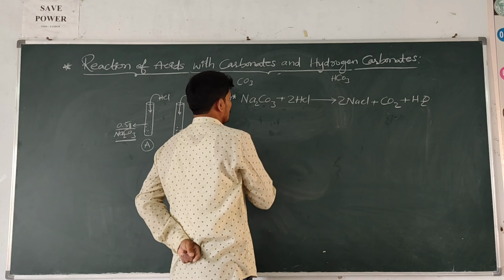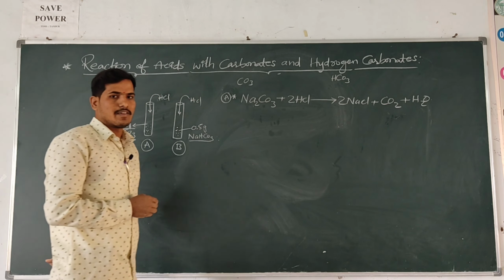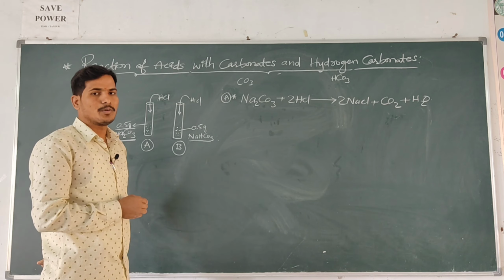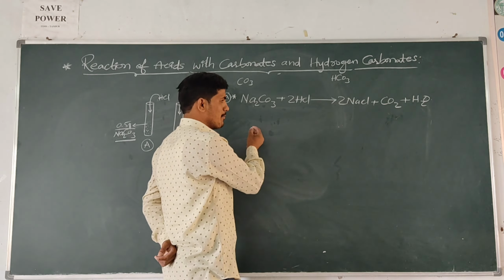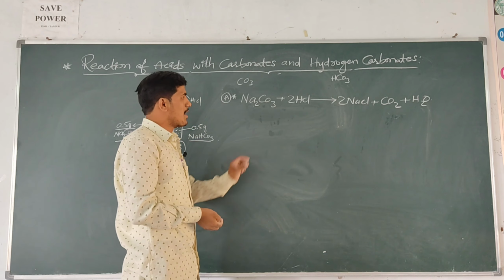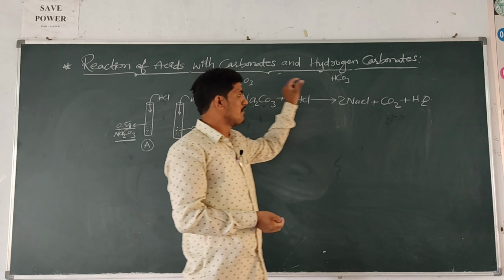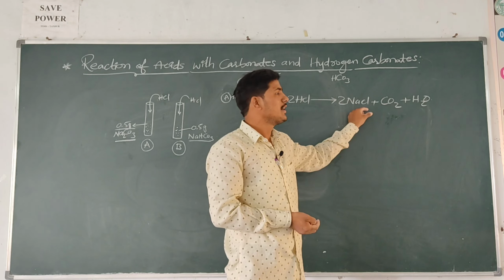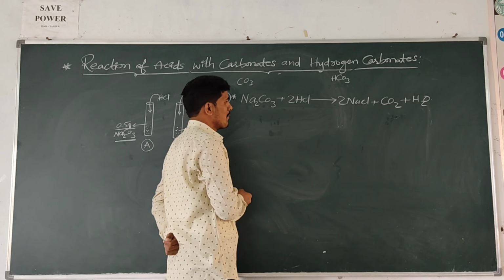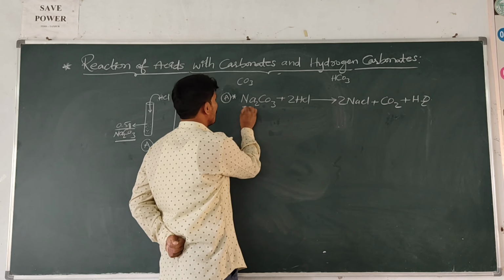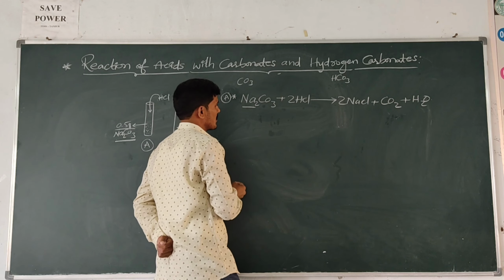Here, according to the law of conservation of mass, a chemical reaction must be balanced. That means the mass of the reactants will always be equal to the mass of the products in a chemical reaction. See whether this chemical reaction is balanced or not. How many sodiums are present? 2 sodiums are present.